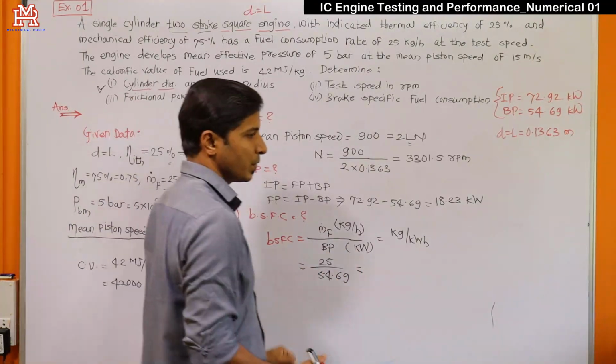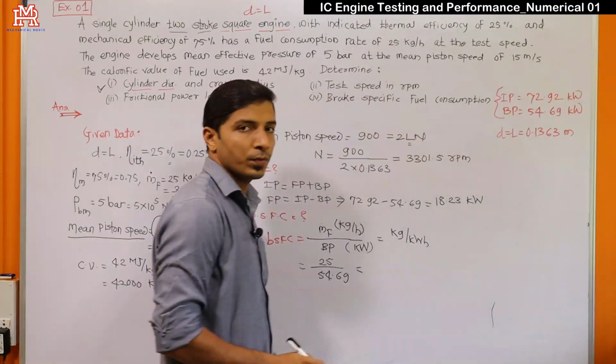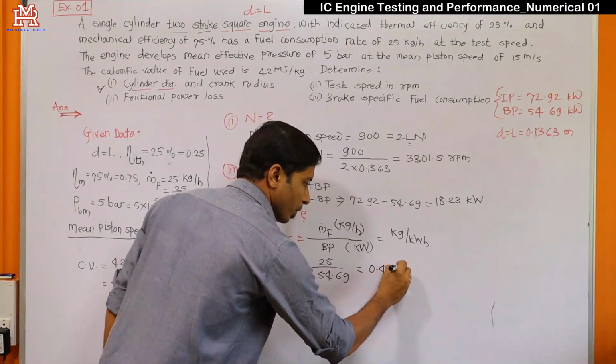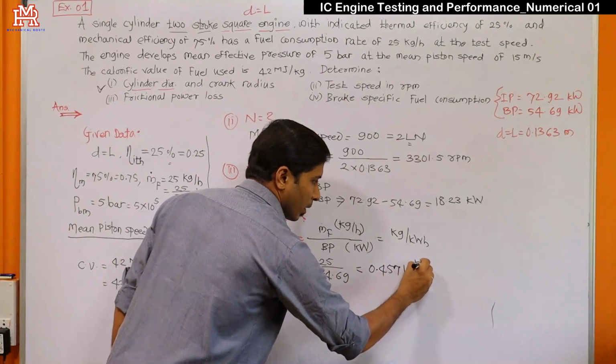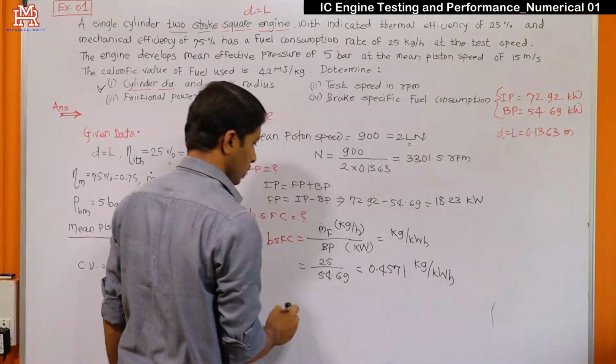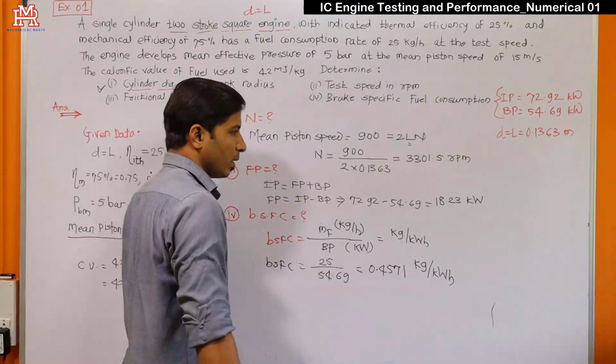So you will get this answer as 0.4571 kg per kilowatt hour. So this is the last parameter asked, which is BSFC.